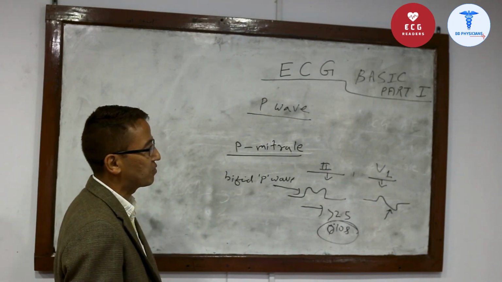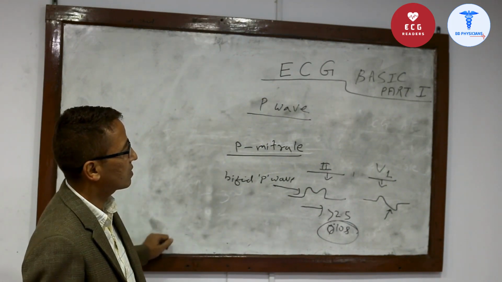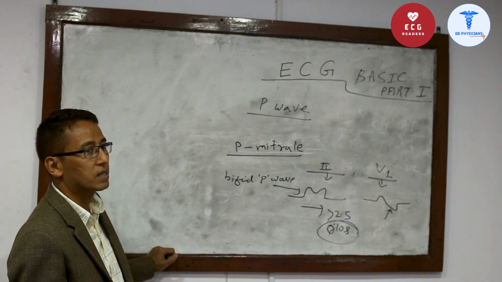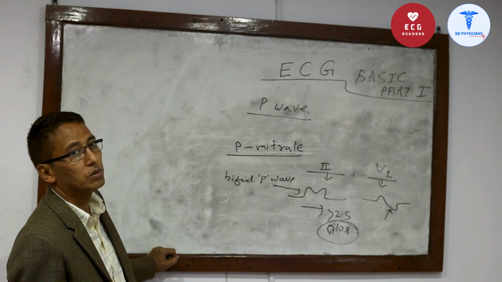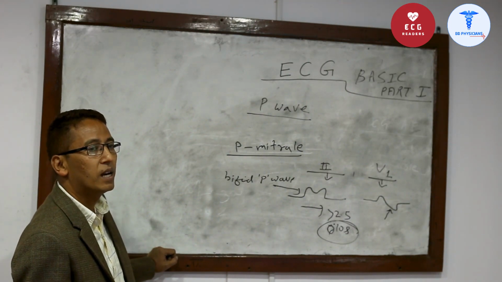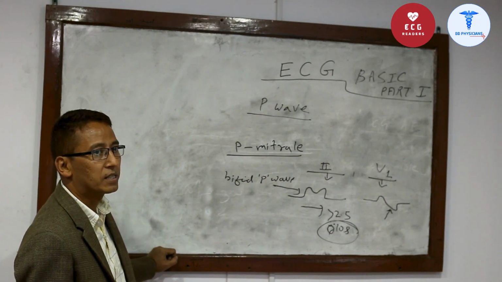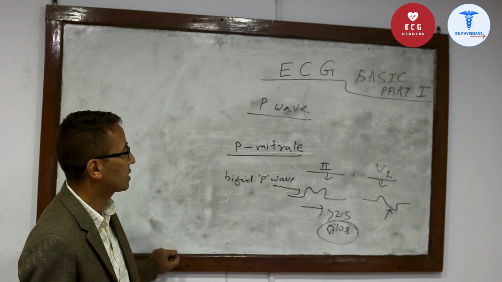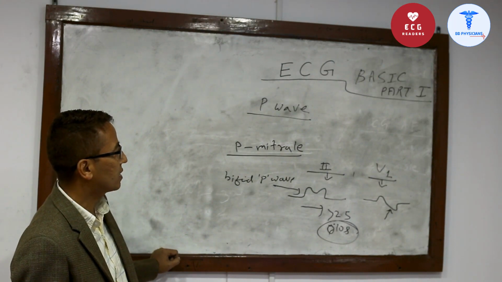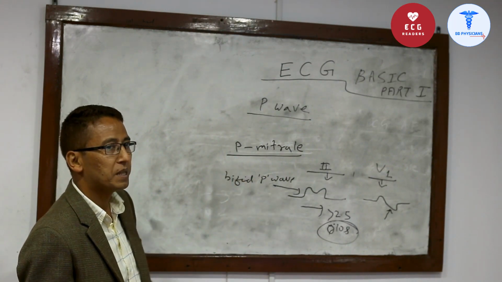This is P mitrale, and conditions which can cause it are mitral valvular disease like mitral stenosis, and any condition that leads to left atrial enlargement like cor triatriatum, ball valve thrombus, and left atrial myxoma.